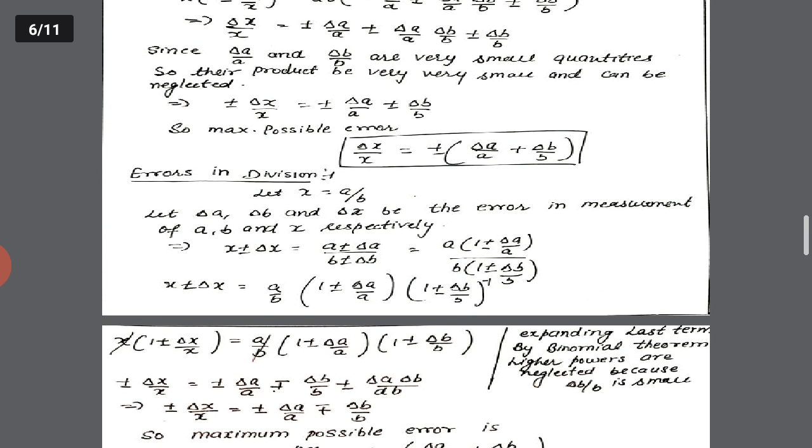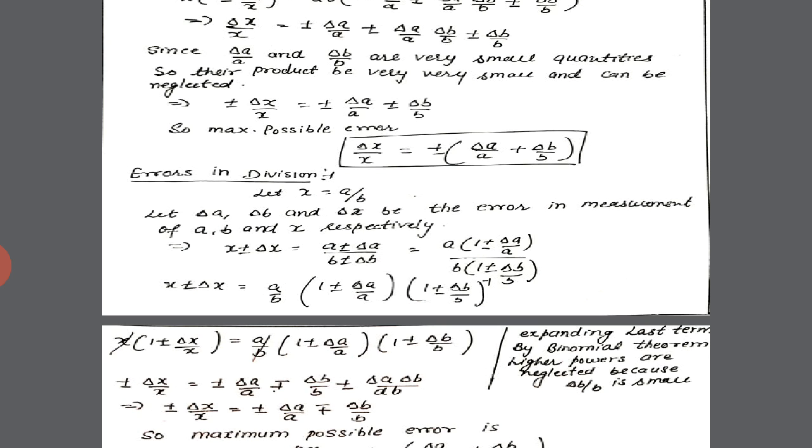Okay, errors in division. Similarly it will also be processed as we studied in the error in sum, difference and error in multiplication. Delta a, delta b, delta x are the errors. Similarly x plus minus delta x. Similarly, ab is taken out from the right hand side.